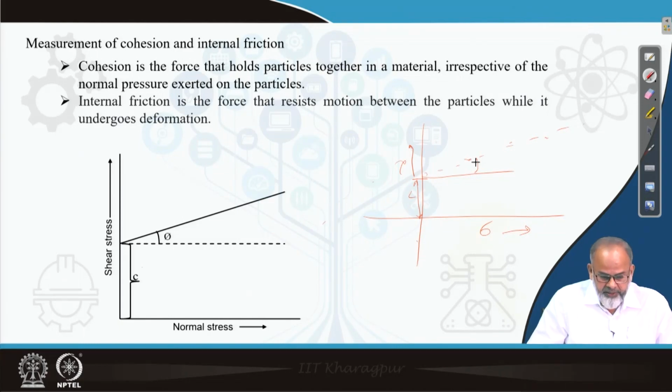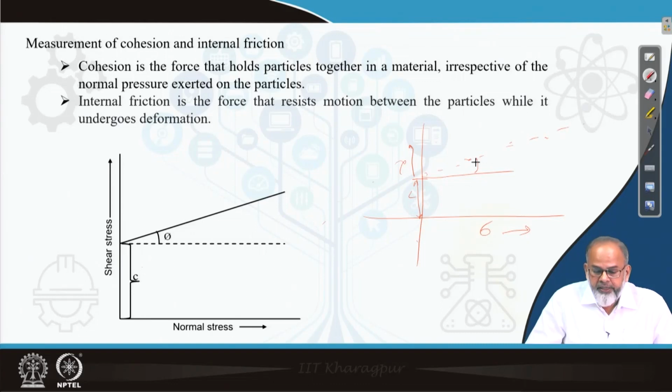C, as the name indicates, is cohesion. It has the same unit as stress. Basically, C can be defined as the shear stress when the normal stress is 0. That means cohesion is the force that holds particles together in a material irrespective of the normal pressure exerted on the particles.